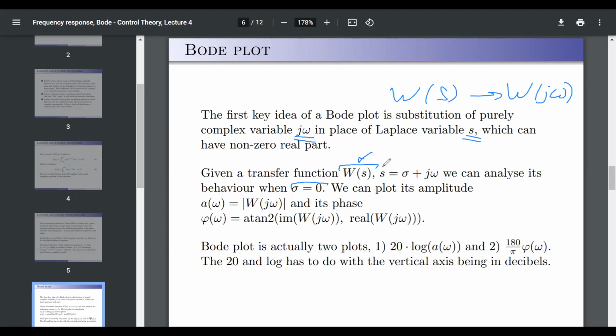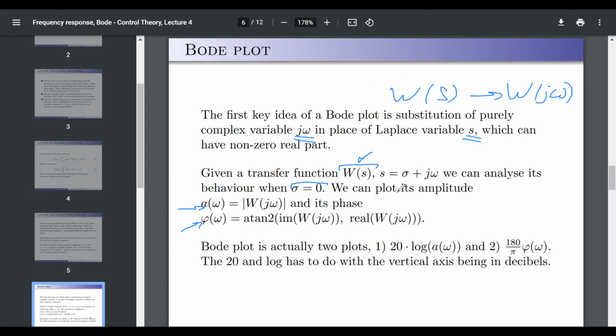As a complex number, it has 2 properties basically: real and imaginary part, or amplitude and phase. So we can plot its amplitude like this, and we can plot its phase like this. And we can discuss those. Sounds fun, right? It's very interesting.